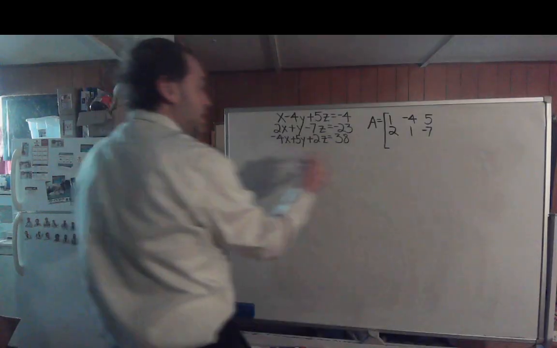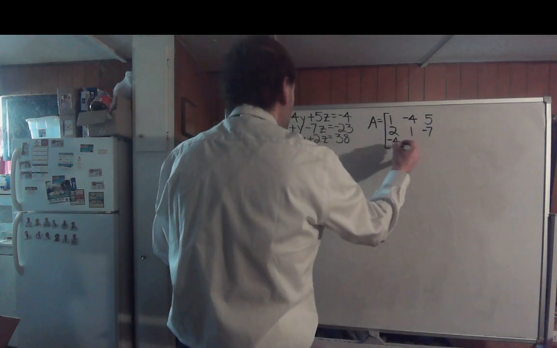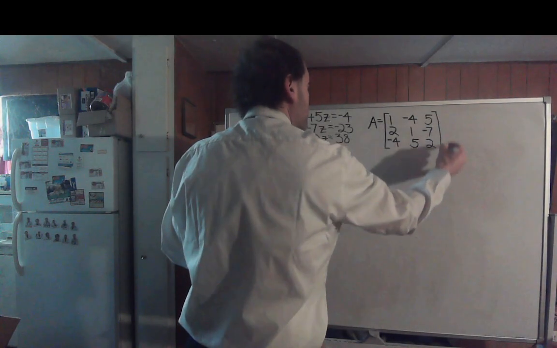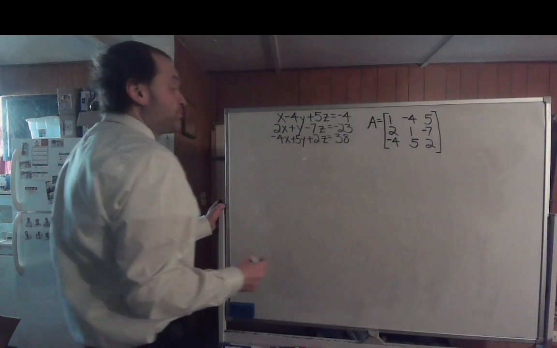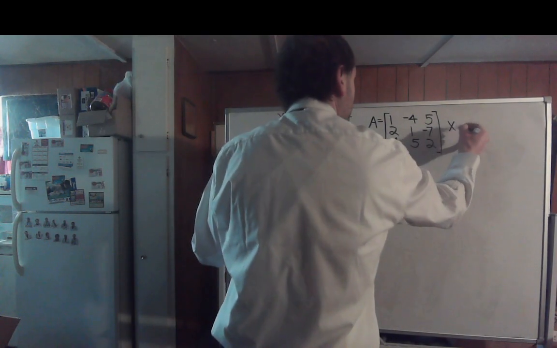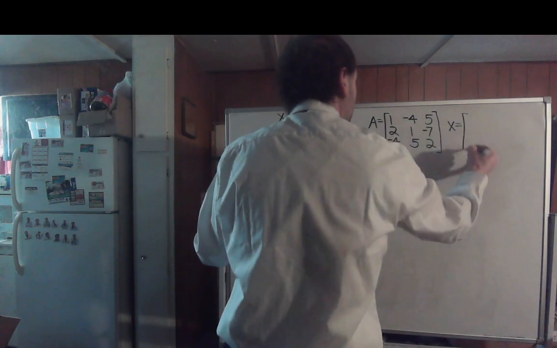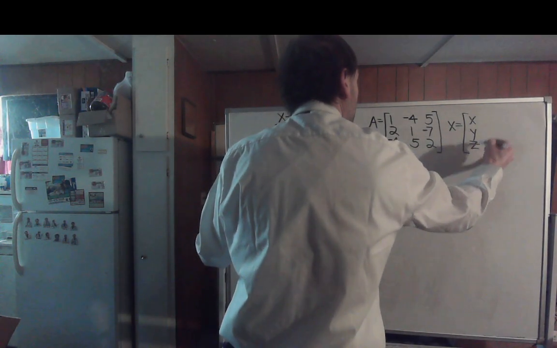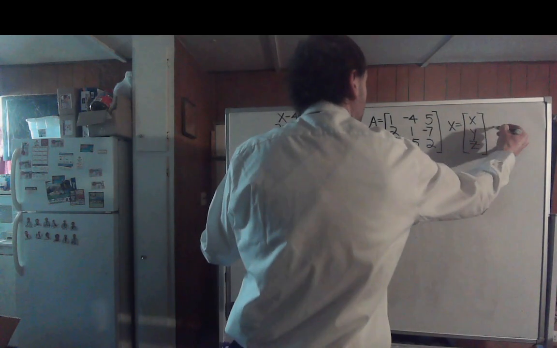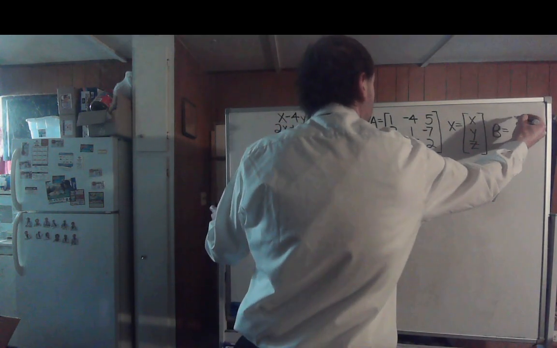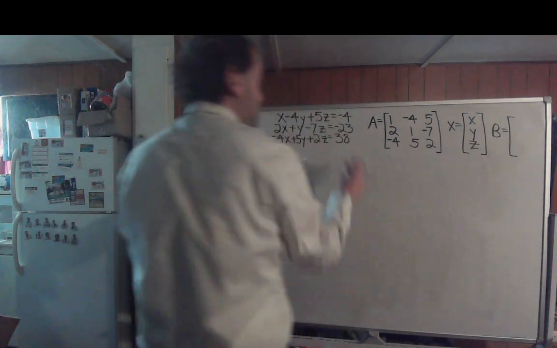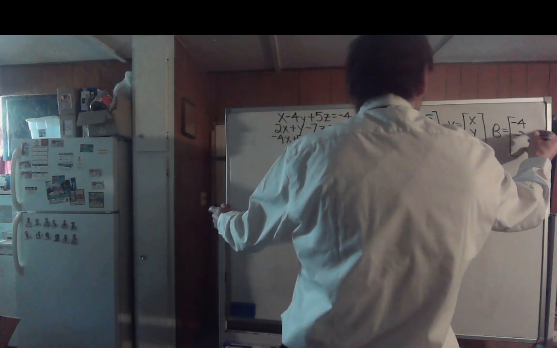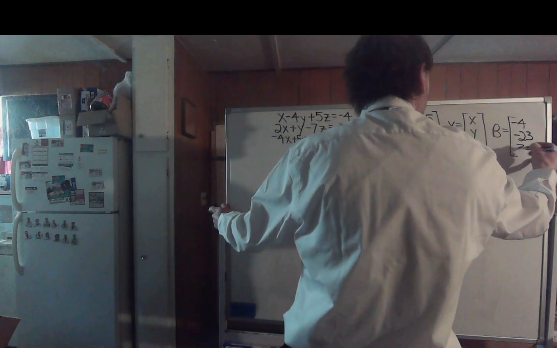Third row, you'll have negative 4, 5, and 2. So there's your matrix A. Matrix X is simply going to be a 3x1 with variables x, y, and z. Then matrix B will just be a 3x1 matrix with everything to the right of the equal sign, the negative 4, negative 23, and 38.